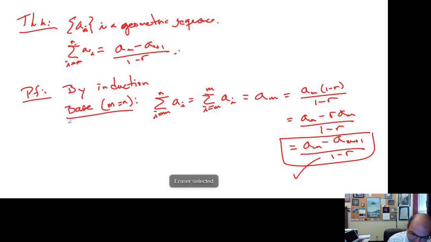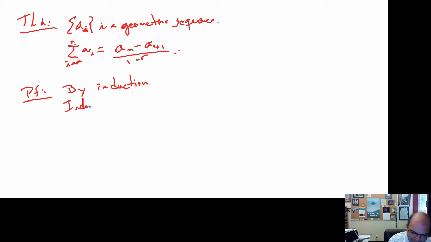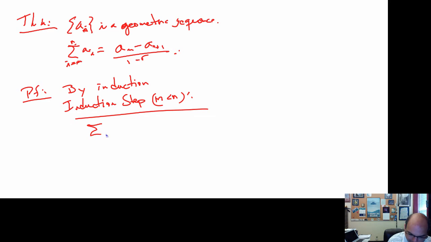So let's consider the induction step. This is the case where m is actually less than n. So let's see what we can do. The sum from i equals m to n of a sub i, we'll split that up into two: the sum from i equals m to n minus 1 of a sub i plus a sub n.